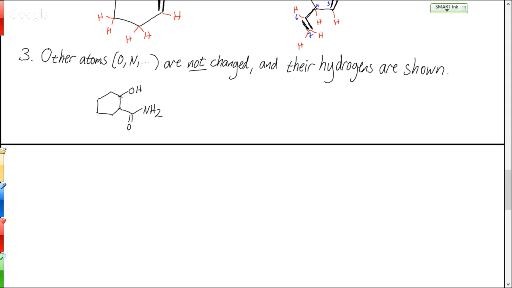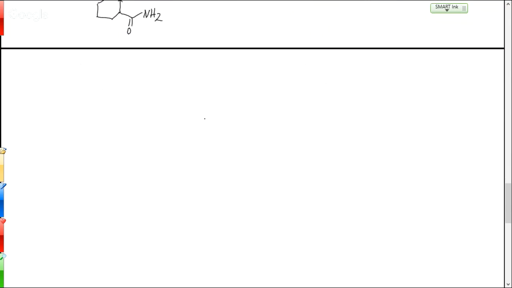So we're going to practice this. Do you have a question? Okay. We're going to practice this a little bit with one other concept, and that is isomers.